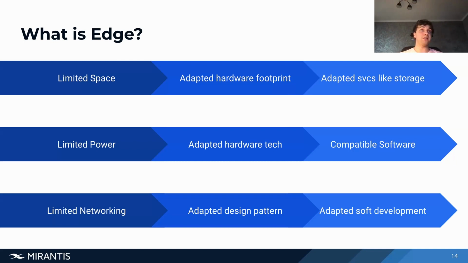So what you're facing when you're using edge computing is, of course, limited space, but to overcome this you adapt the hardware footprint and adapt services like storage. Also, you have obviously limited power, because probably the hardware that you're using is not that major, not a lot of memory and storage, and also maybe it needs less power.